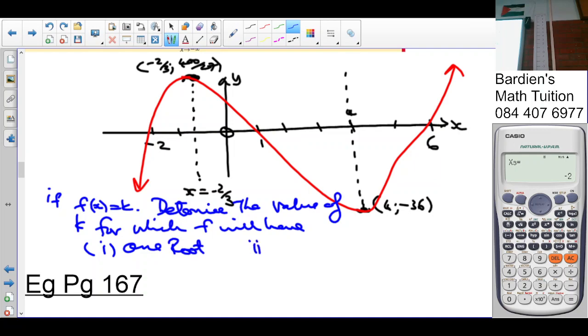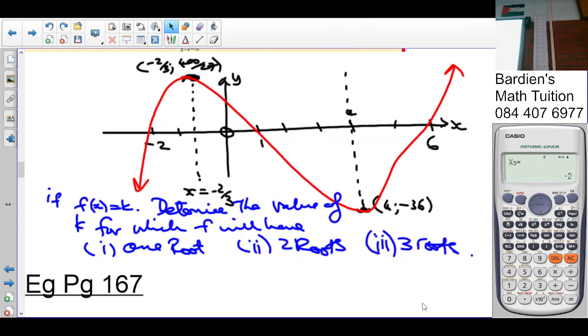The second case, where k will have 2 roots. And the third case, where the graph will have 3 roots. Okay, we're going to answer all 3 of those.